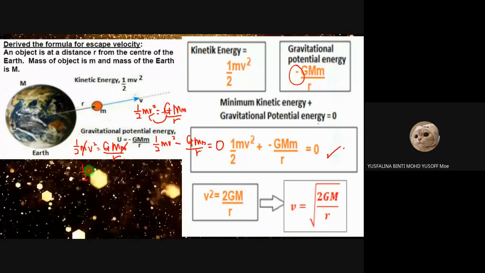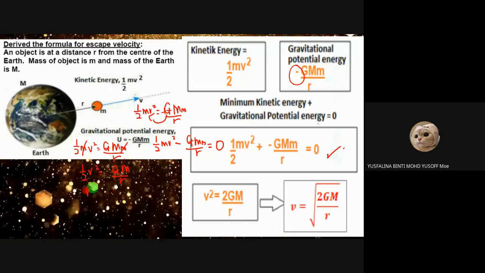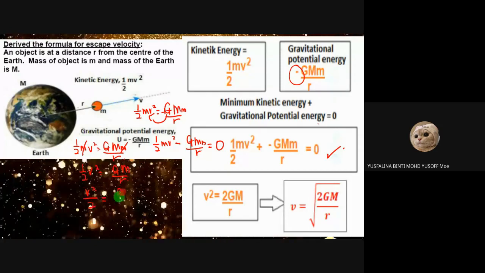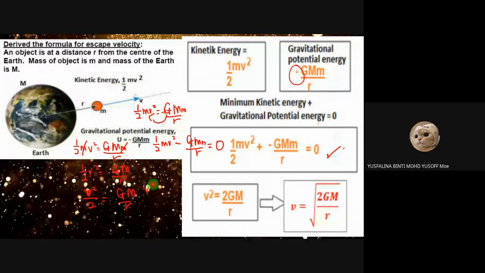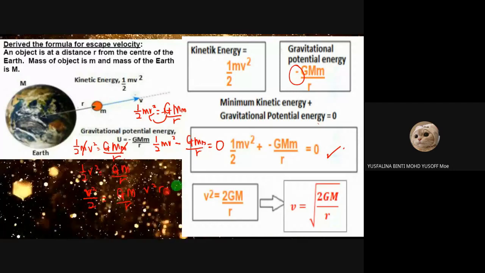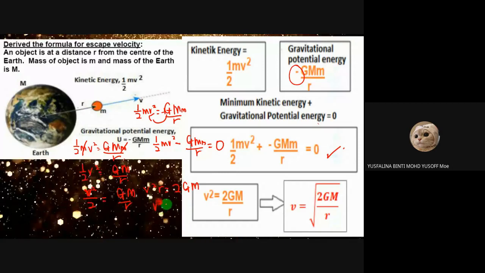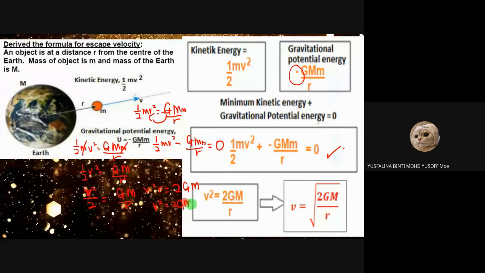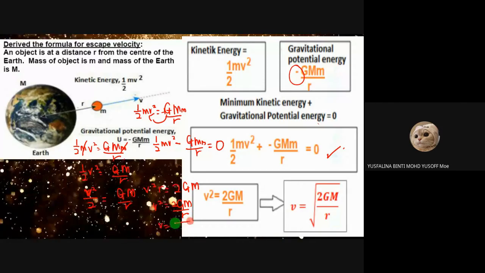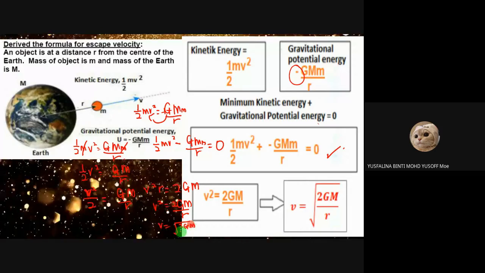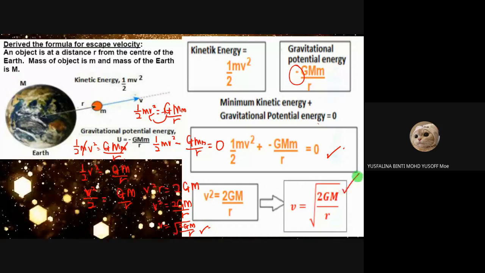So it will be v squared over 2 equals GM over R. Then I cross multiply, v squared R is equal to 2GM. And then v squared is 2GM over R. Then this square changes back to square root like this. So this is how we derive this equation.